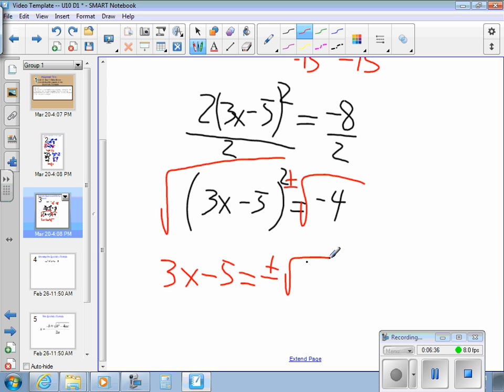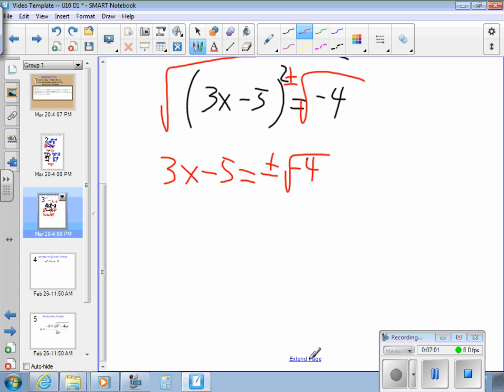We have plus or minus the square root of negative 4. The square root of a negative number is not a real number. It's an imaginary number. We'll deal with that in Algebra 2. It's a tool that we've invented for solving unsolvable problems. But it's not a real number. We can't do this.